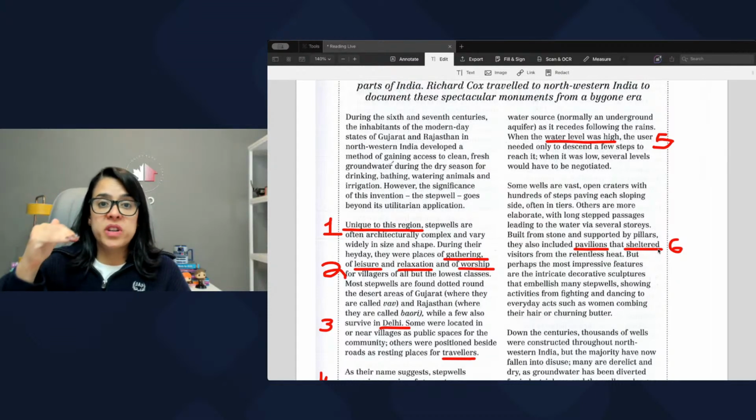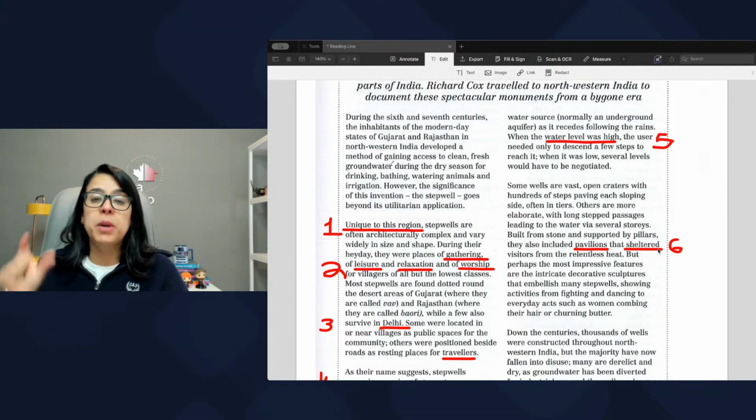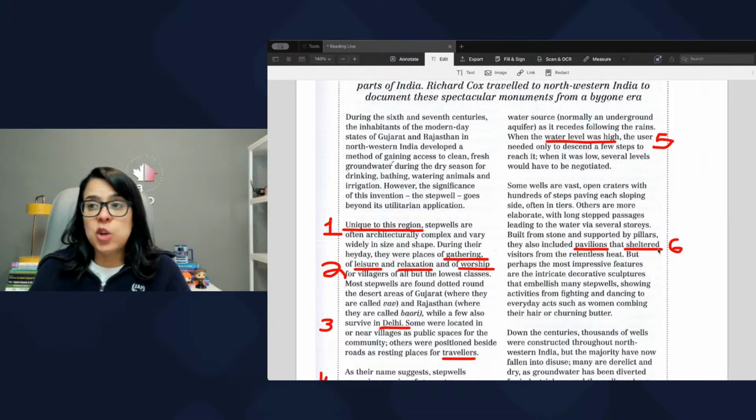So you're going to focus on each question at a time. You're going to select a keyword from each question, and you're going to use this keyword to locate the answer in the text. And once you find the paragraph where the answer is, you're going to stop and read that small part in detail, and you're going to answer the question. This will help you save time.